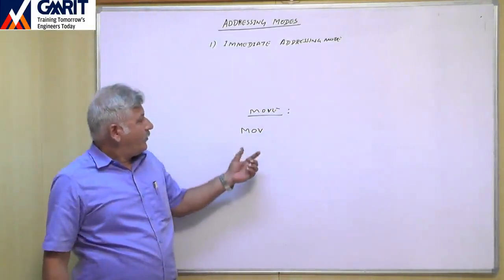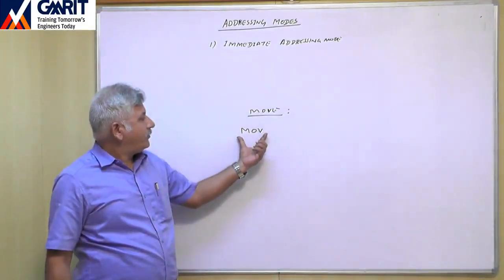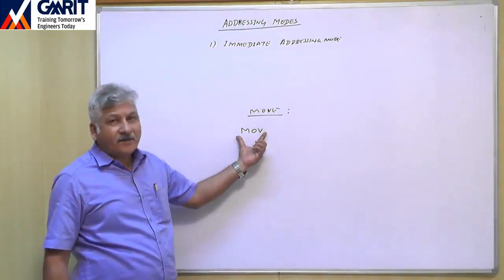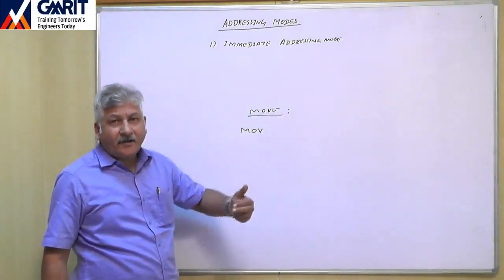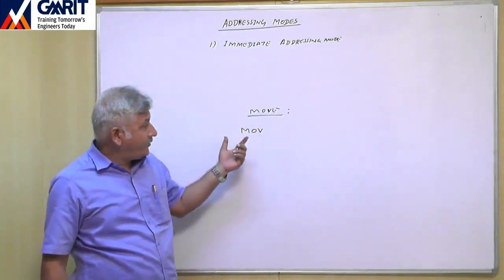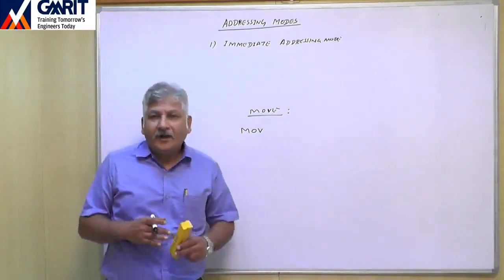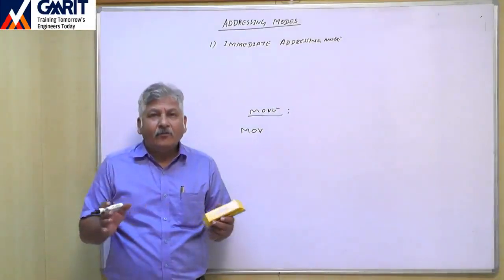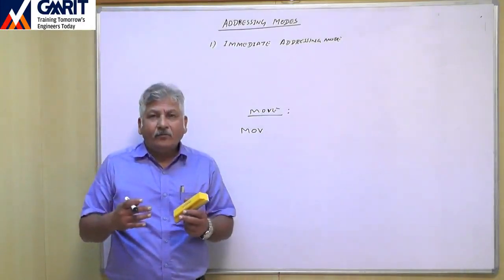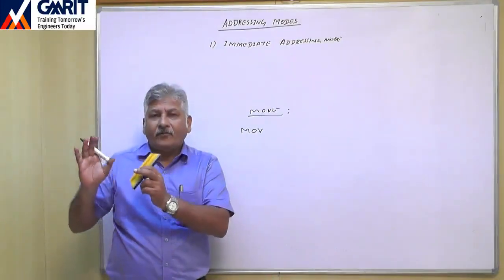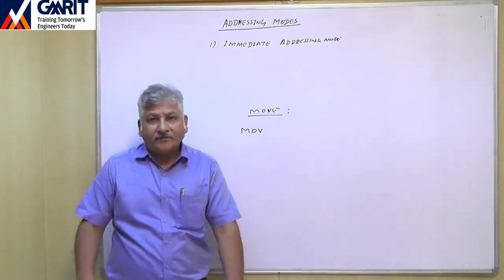So the moment the binary code for move instruction enters inside the processor and is decoded, the processor will come to know that this is a move instruction. I have to move some data from one place to another place.